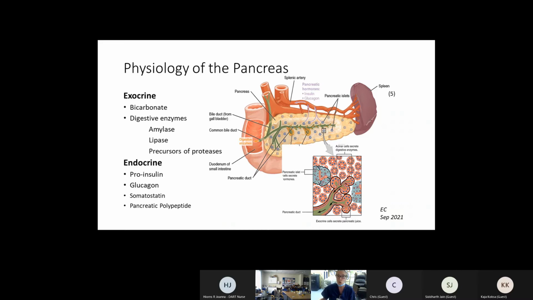It allows the small molecules that were absorbed by the GI tract to go inside the cells. So the pancreas is central, together with bile, to our digestion and to the feeding of the cells in our body.